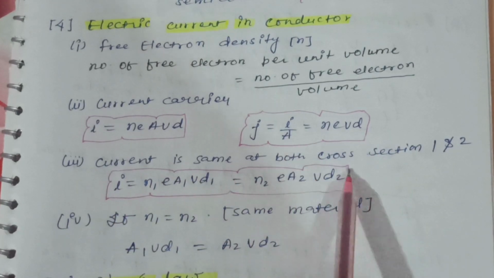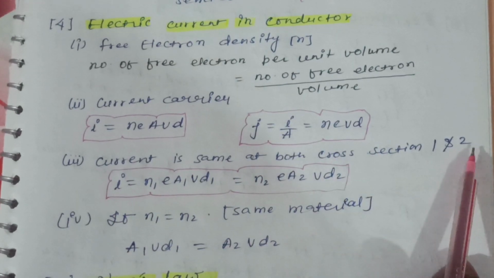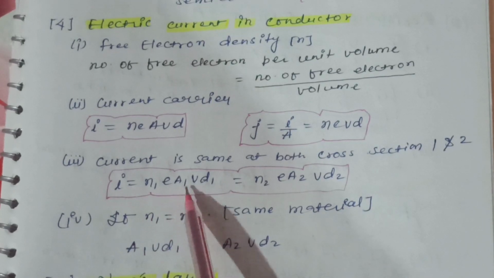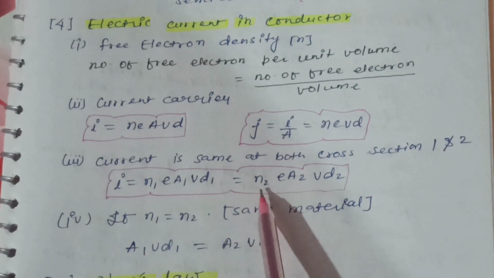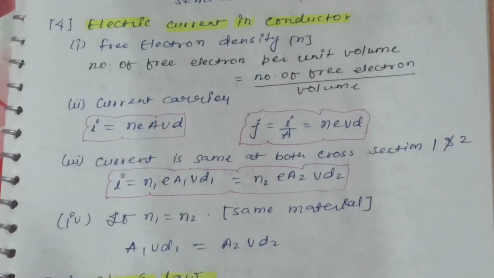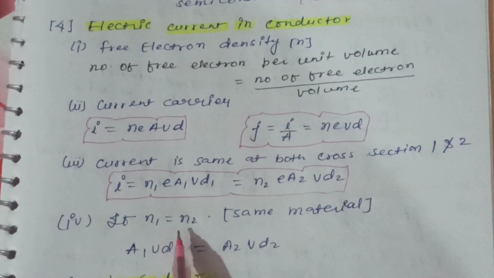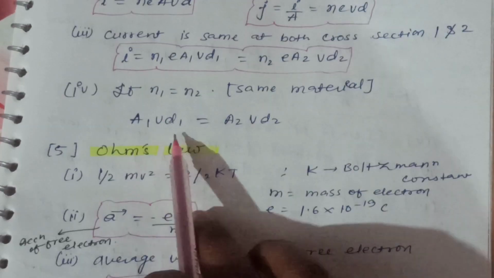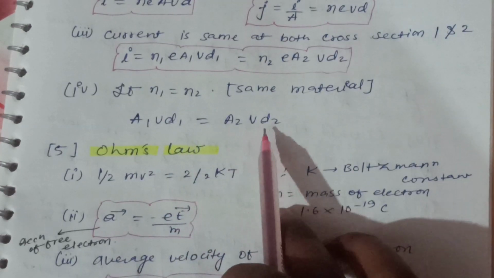Current is the same at both cross sections 1 and 2. I is equal to n1 e A1 vd1 is equal to n2 e A2 vd2. If n1 is equal to n2, same material, A1 vd1 is equal to A2 vd2.